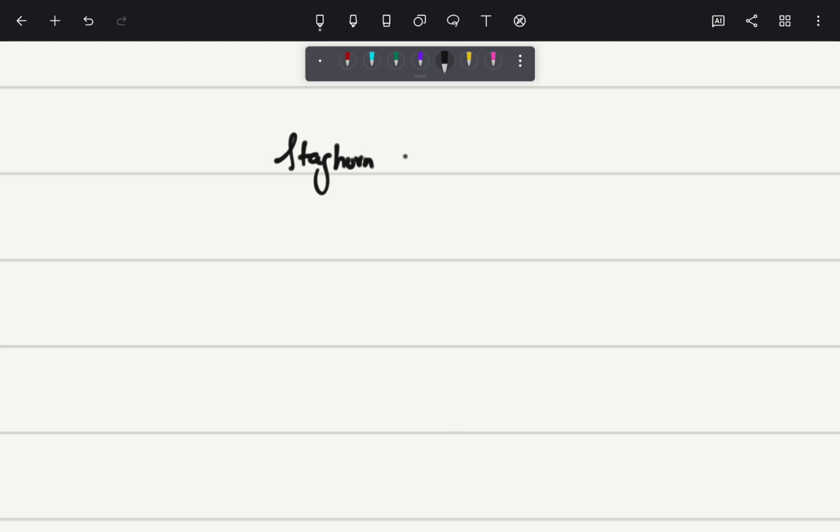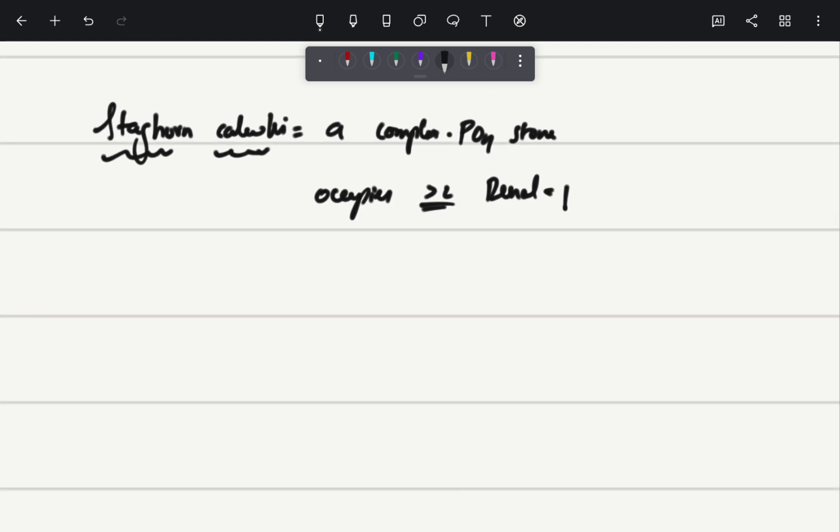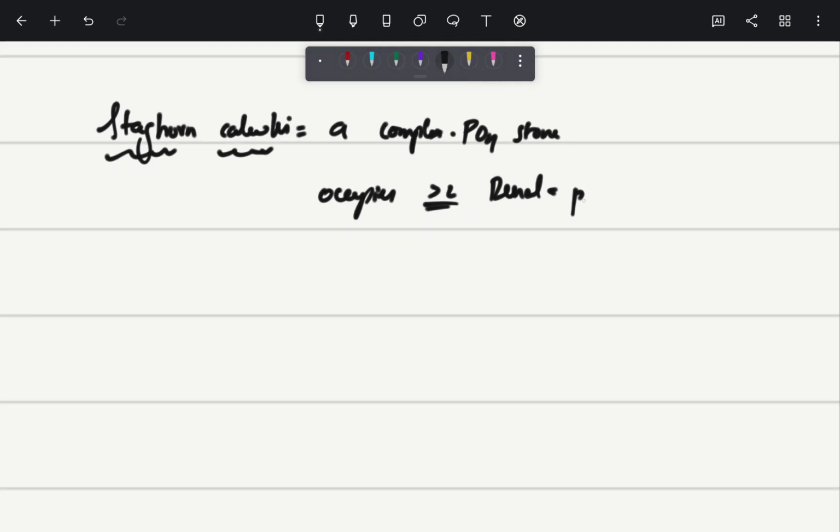Staghorn calculus: it is when a complex phosphate stone occupies greater than 2 renal pelvic calcial systems.